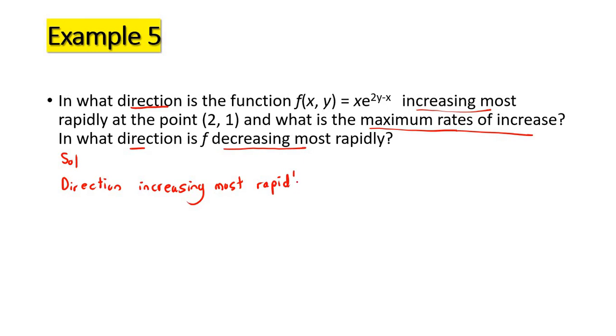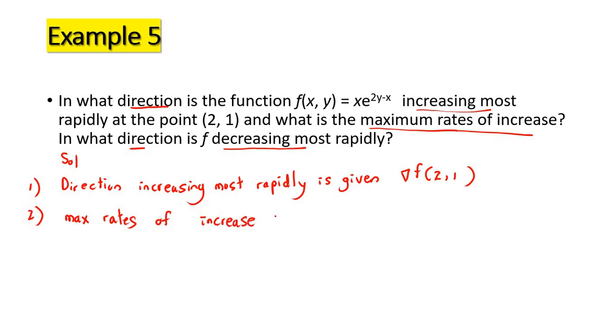The direction increasing the most rapidly is given by the direction of the gradient vector, and they want it at the point (2, 1). This is number 1. Number 2, the maximum rate of increase is actually the magnitude of the gradient vector, nabla f(2, 1).